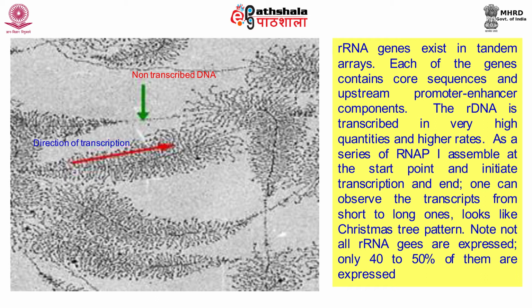Transcription is initiated at the start point where the transcripts are shorter, and towards the end they are longer. The red arrow marks the direction of transcription. But you have to remember that all ribosomal RNA genes do not go for transcription. That is, all genes are not expressed.